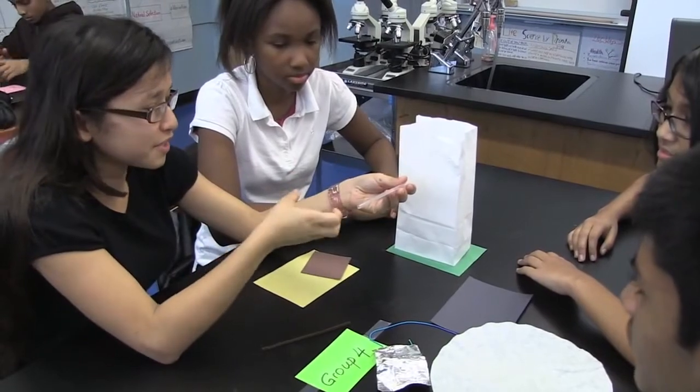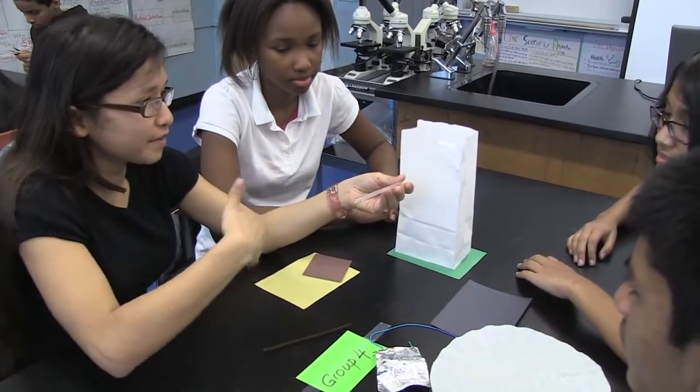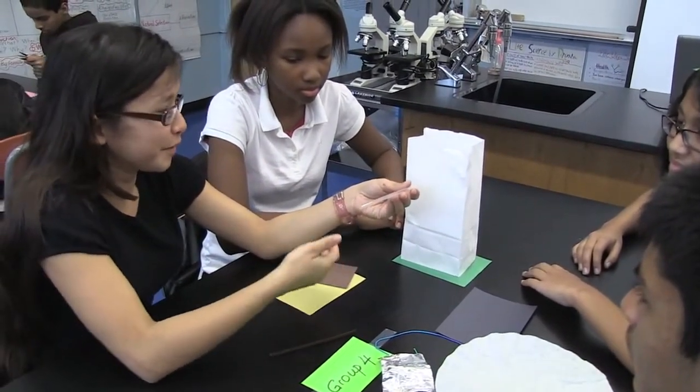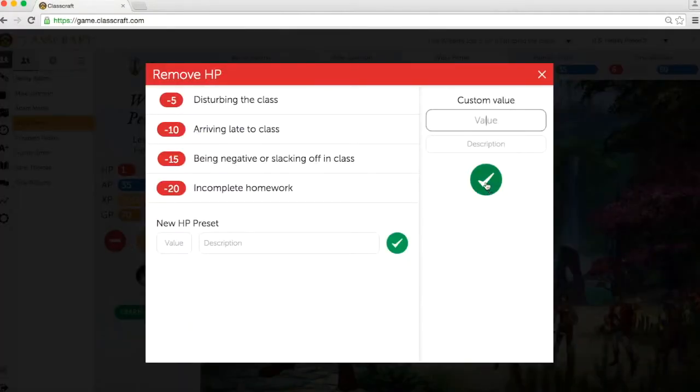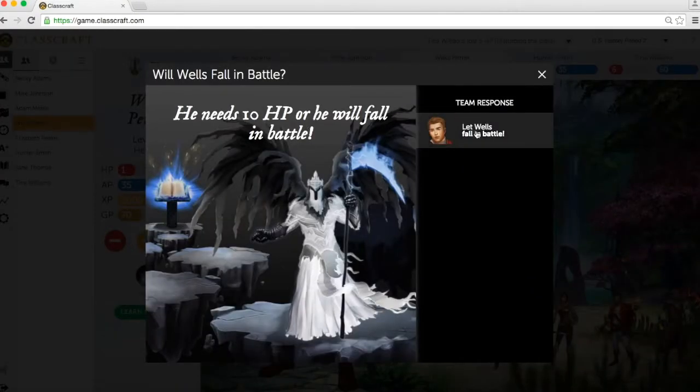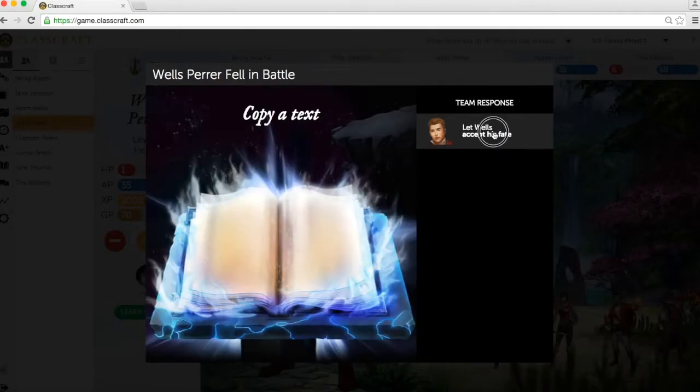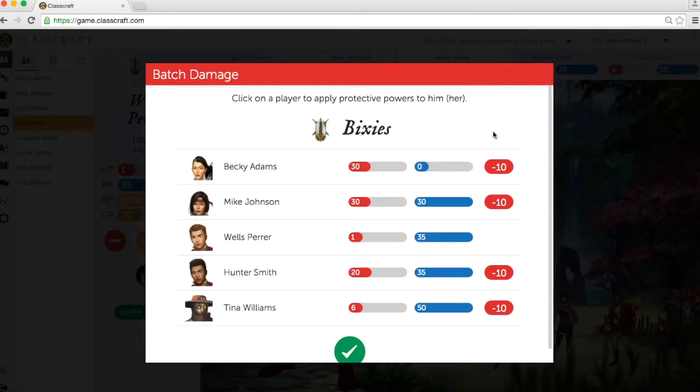Thus, students want their team members to participate in class so they can level up and use those powers to benefit the team. Number 2, falling in battle. Remember how if a player loses all of their health points, they fall in battle? Well, when one player on a team falls in battle, everyone else on that team loses 10 health points.